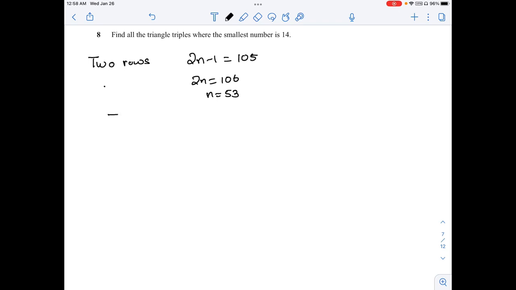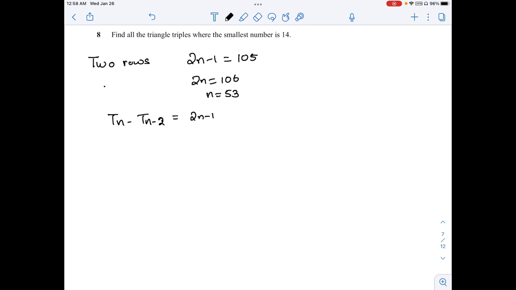53. Then in that case, Tn minus Tn minus 2 is equal to 2n minus 1.